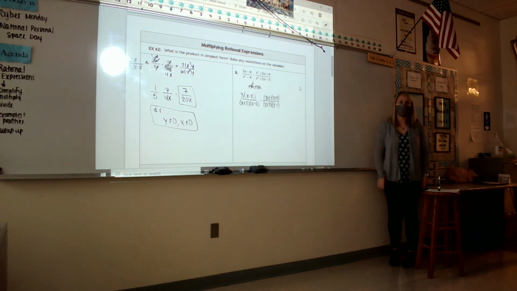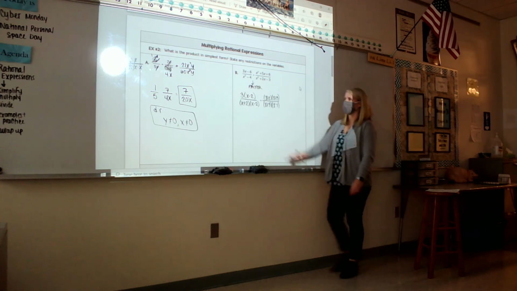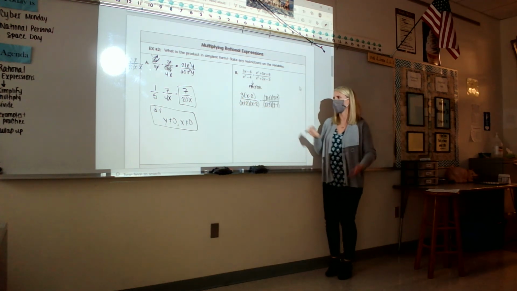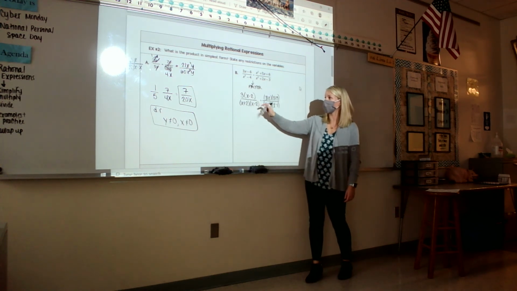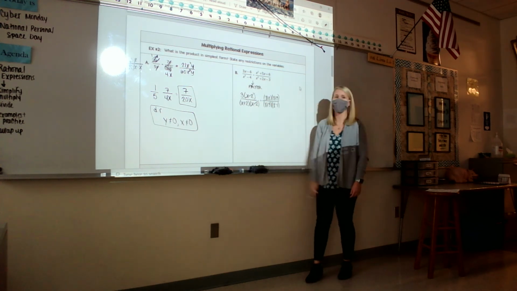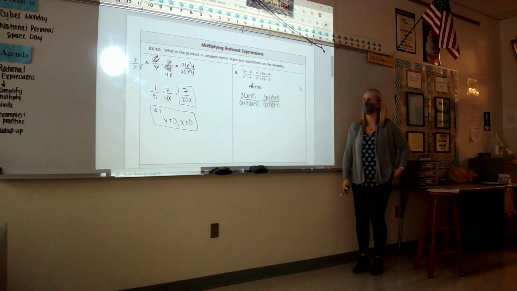Literally all we do is look, is there any common factor? It doesn't matter what fraction it's in. If it's in a numerator and denominator, it cancels. So I just go through. We have a 3 here. There's no even numbers to cancel it, so that's just going to have to stay. We have an x minus 2 here and an x minus 2 here. That reduces to 1, right? Anything divided by itself is just 1.